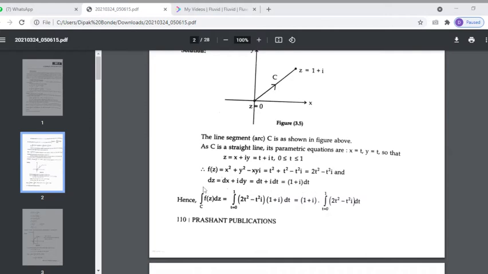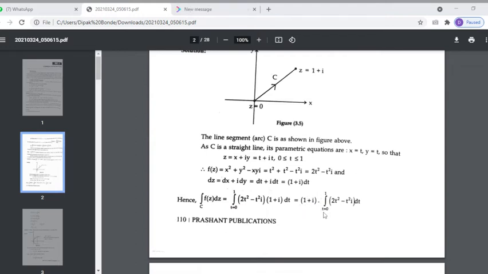So putting all these values, the integration over C of f of z dz is equal to, here t varies from 0 to 1. So put these values. F of z is nothing but 2t square minus it square, and dz is nothing but (1 plus I) dt. So 1 plus I is common because it is constant.